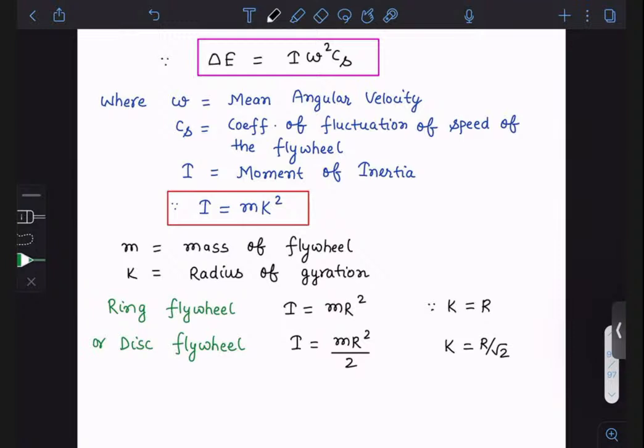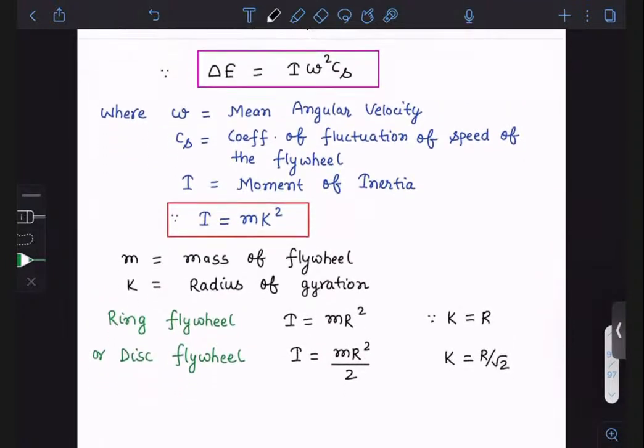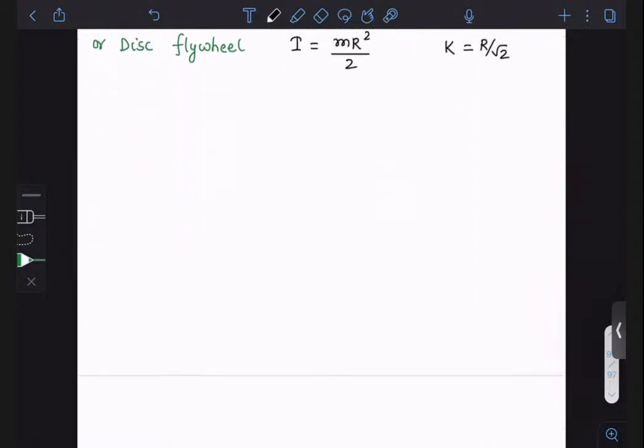See the first problem, my dear, which we have. Sometimes the radius of gyration is directly given.